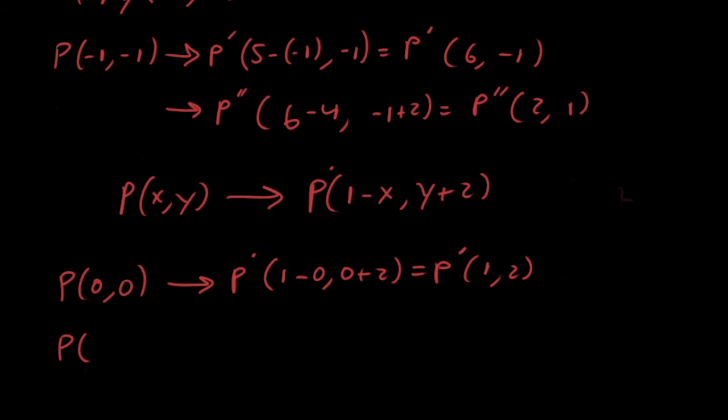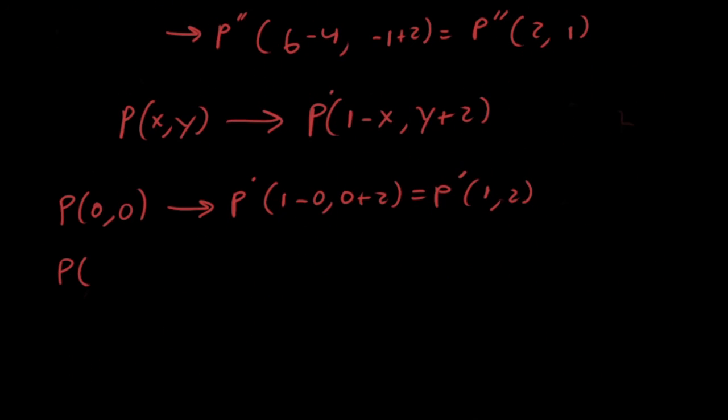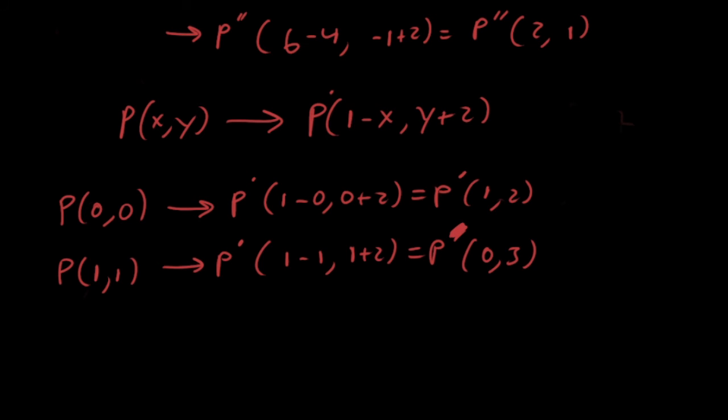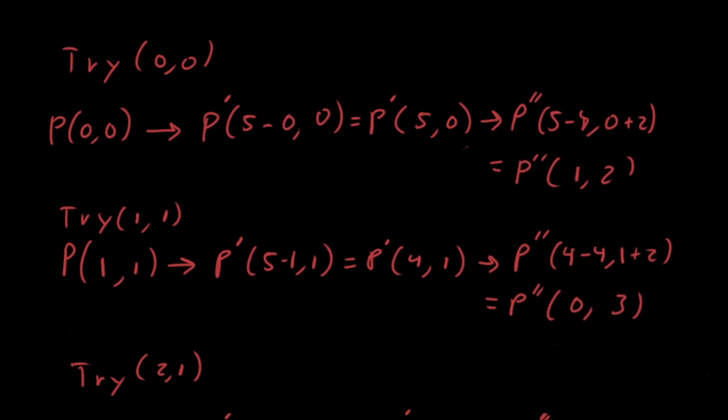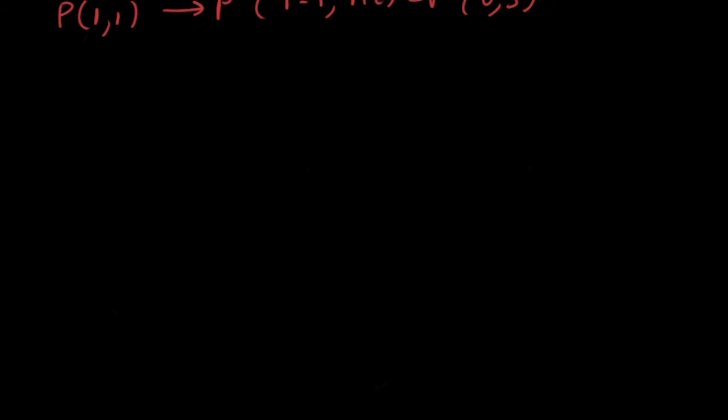P of 1, 1 goes to P prime 1 minus 1, 1 plus 2, 0, 3. Is that what I got? 0, 3. Excellent. Yeah, and you could check the rest of them.